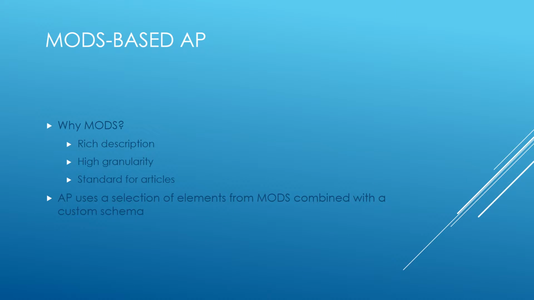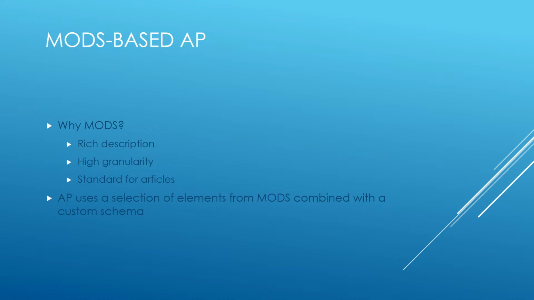So this is a MODS-based application profile. Why MODS? I chose it because it allows for rich description, has very high granularity, so it's extremely flexible, and I liked that. And it's a standard used for collections like this of digital articles and other digital objects.